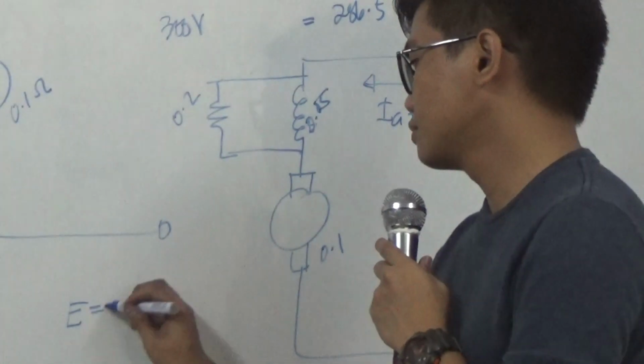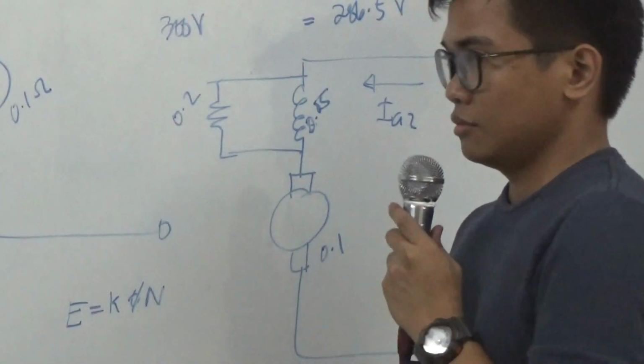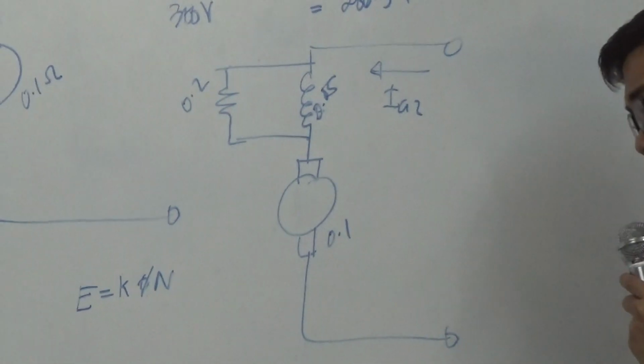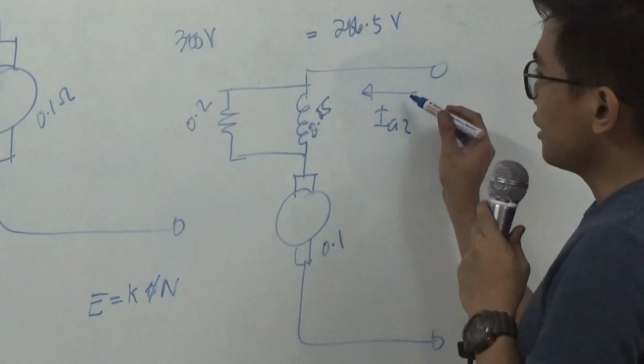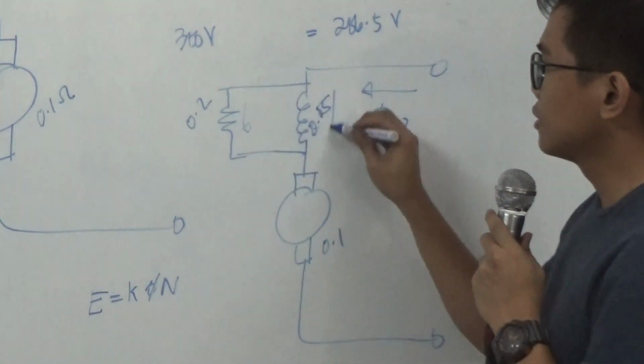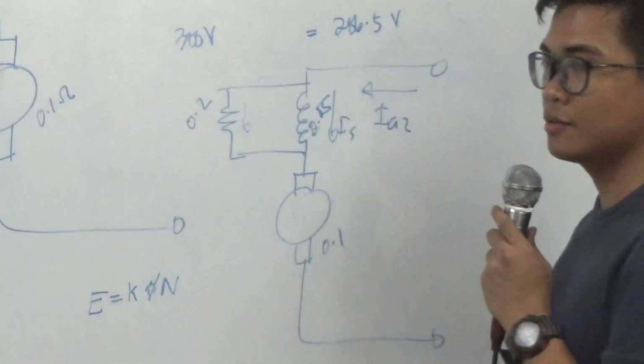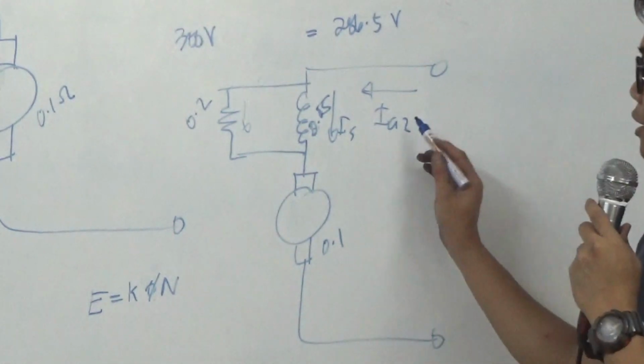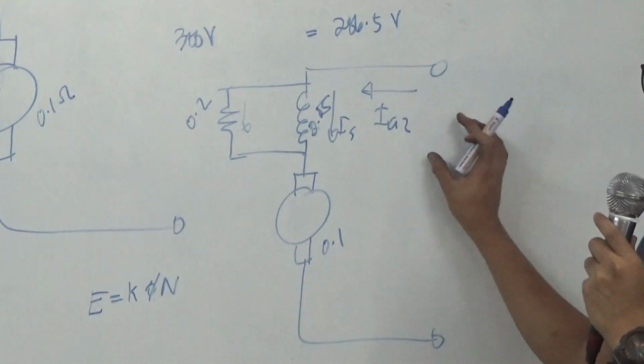Dahil sa diverter, syempre, yung IA2 mo, nahati sa dalawa. Yung kuryente dito at kuryente dito sa series field, IS. Syempre, kung ito ay 90 ulit, bababa siya.